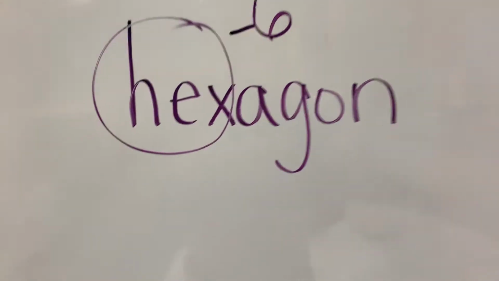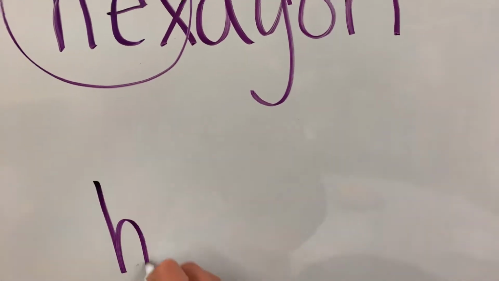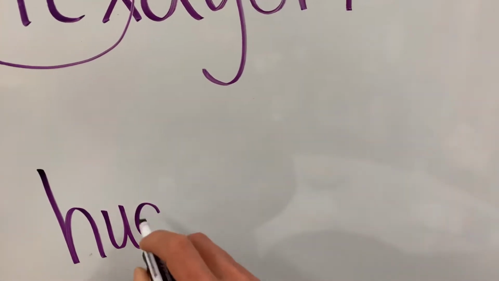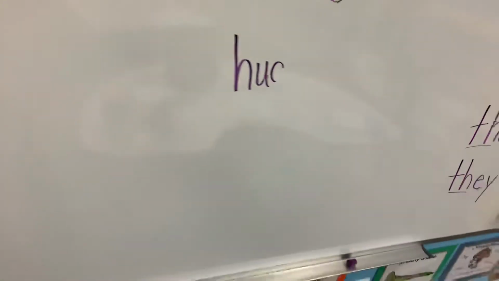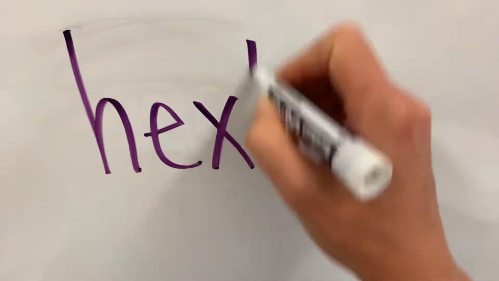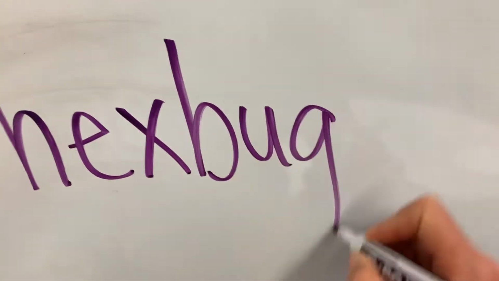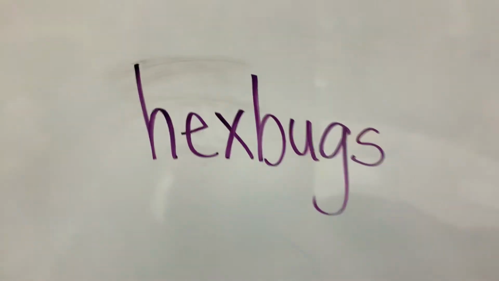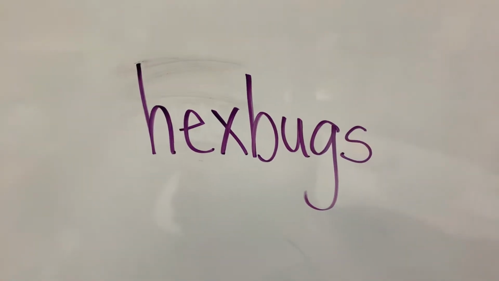I have a question. Have any of you guys seen those toys? They're like little robot bugs. I'm sorry, I'm not spelling that correctly. One moment, please. Their little tiny robot bugs are called hex bugs. Have you seen those hex bugs at Target?